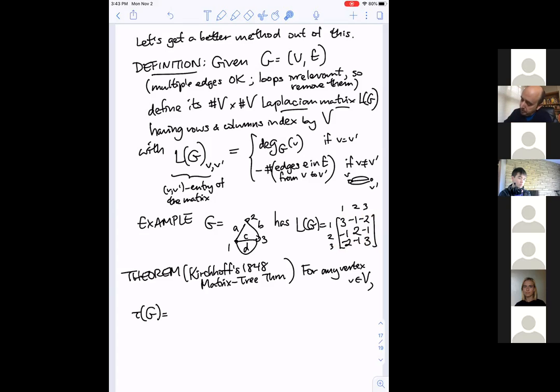It's kind of weird. So this is the determinant of what I'll call not L of G itself, but L of G reduced at vertex V. So let me just say what that thing is. Determinant of L of G with row V and column V removed.